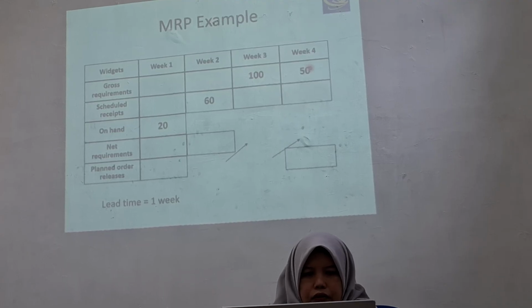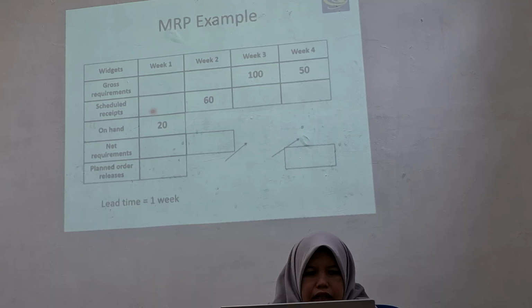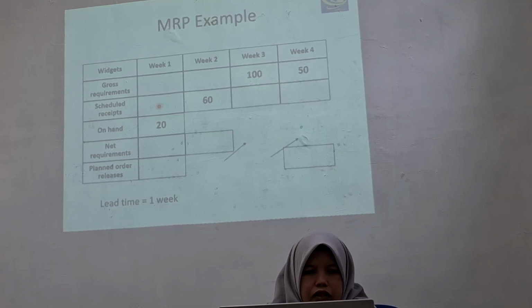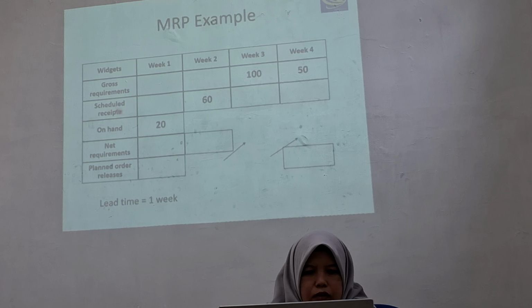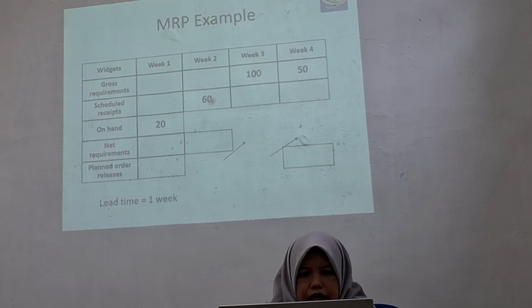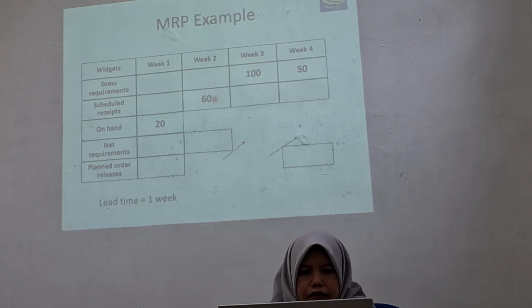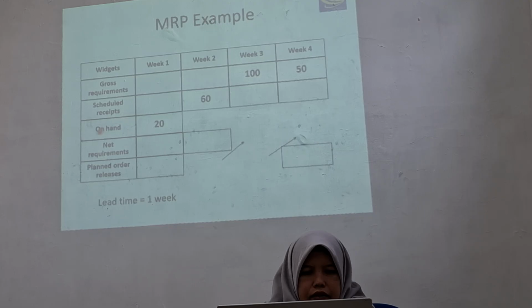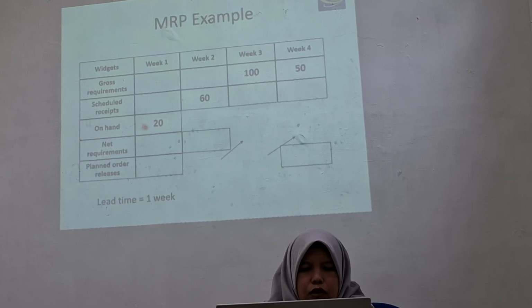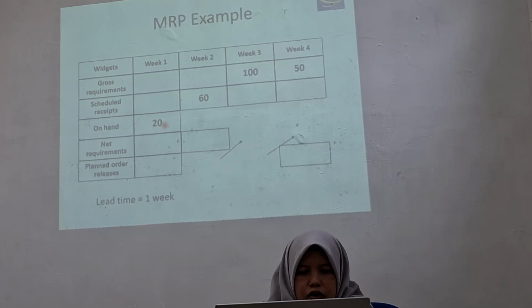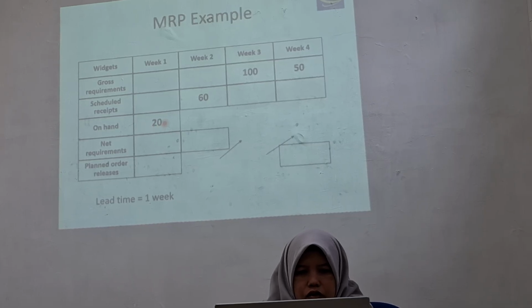Week 4, 50 units. In week 2 there is a scheduled receipt of 60 units, and the on hand in week 1 is 20 units.